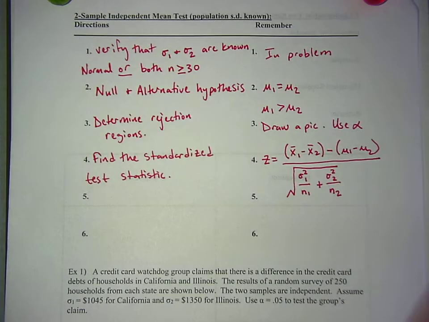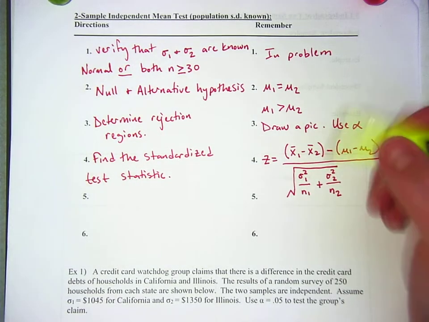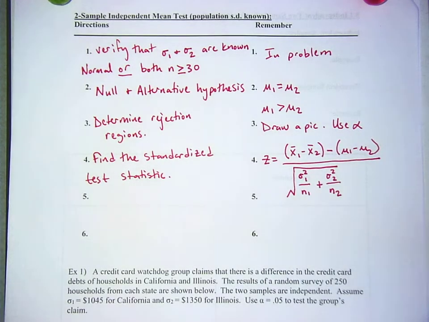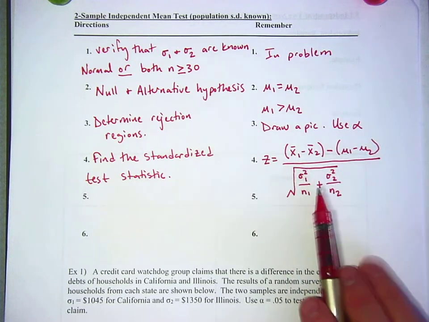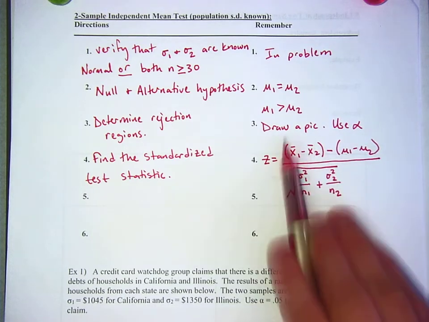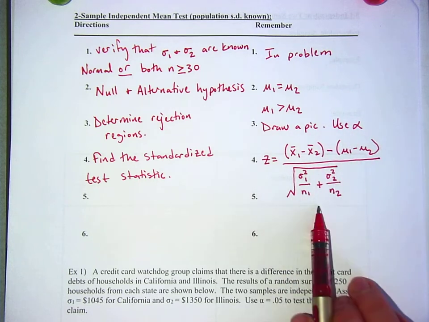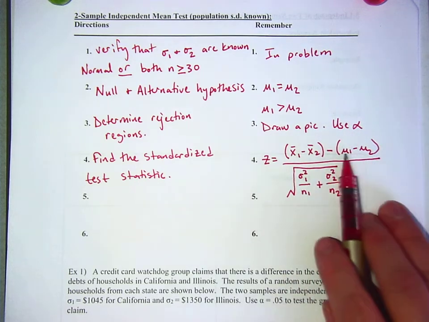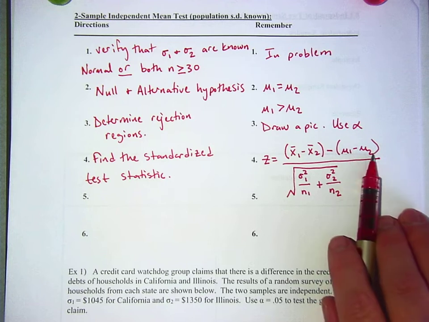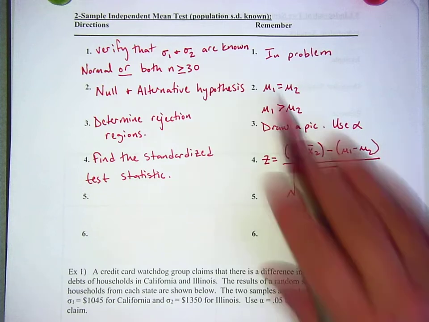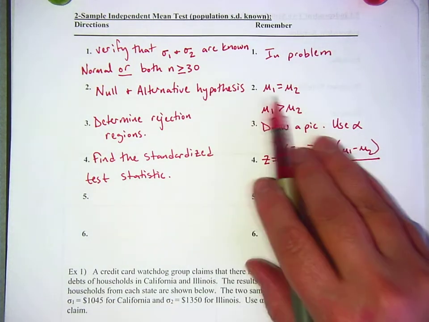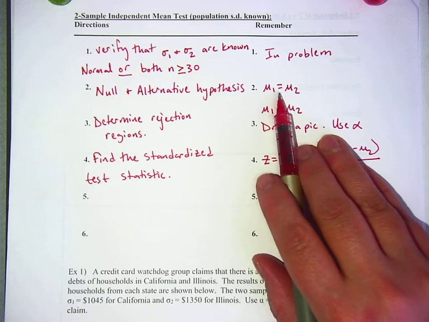Another confusing thing is, you know how we've been doing x minus mu over sigma, which is essentially what this is: x sample minus the mean over some sort of standard deviation. Since your null hypothesis would be equals in some way, it could be less than or equal to, greater than or equal to, or equal to.